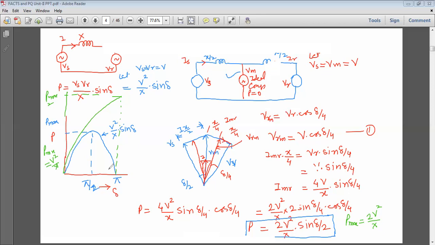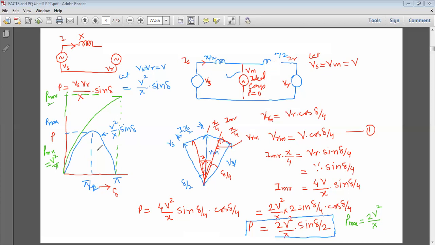So what is our conclusion? Our observation is that without any compensator, the maximum power transmitted by the transmission line is V square upon X, and the power becomes maximum at delta equal to 90, isn't it? Whereas with the help of the midpoint compensator, the same transmission line can improve the power handling capacity by double, and at the same time the angle delta also increases.